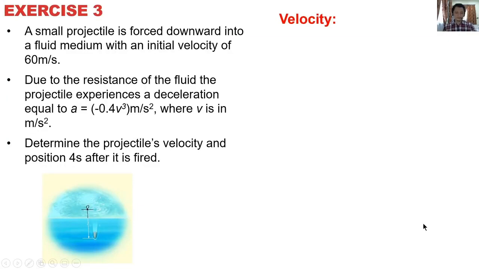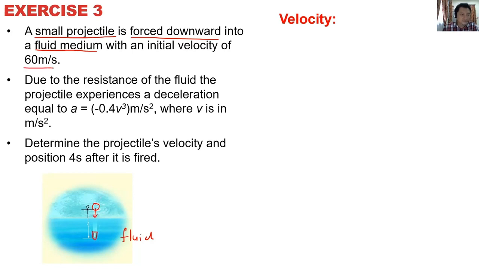Alright, so next, if you look at this question, this is a small projectile. It is forced downward into a fluid medium. So this is the fluid. This was the original position of the projectile. It is fired down. Now the projectile is here.